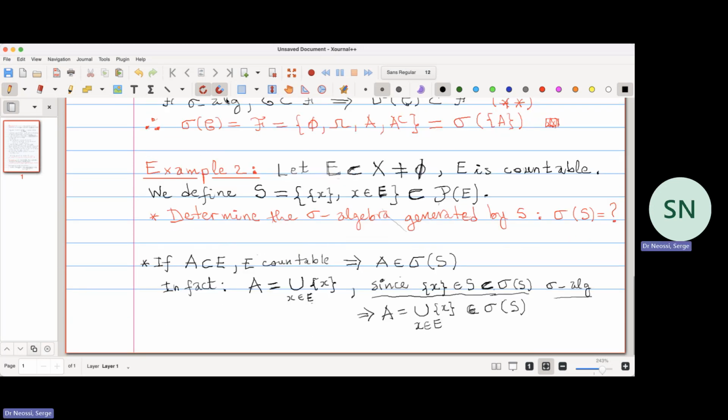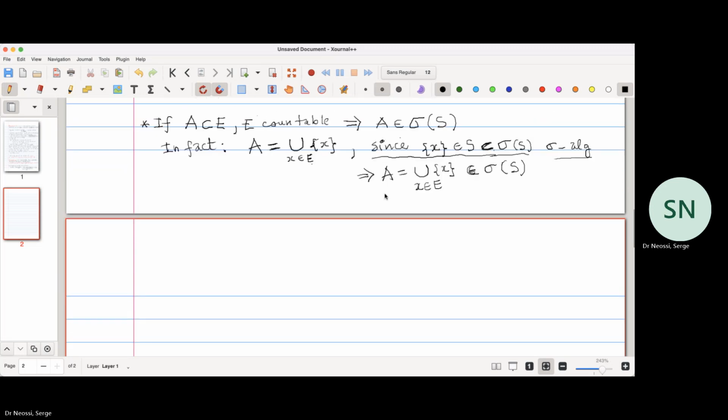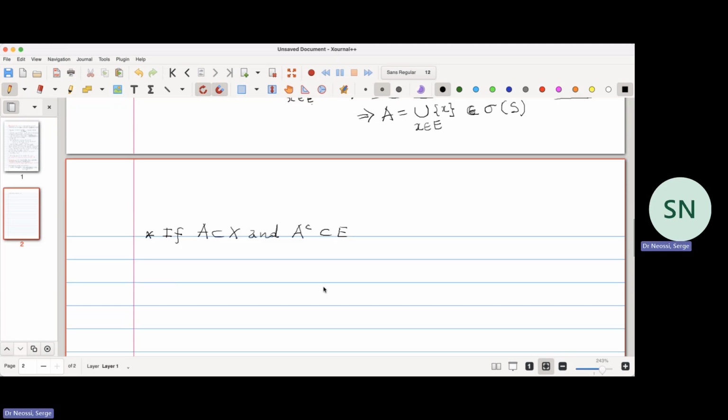So the next step: if A is a subset of X and the complement of A is a subset of E. So what do we need to distinguish this case?